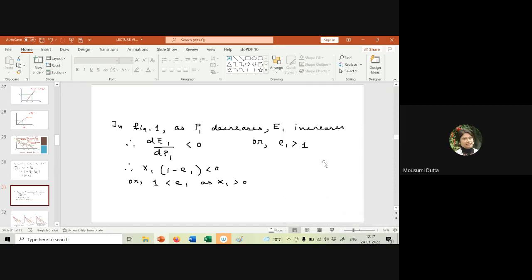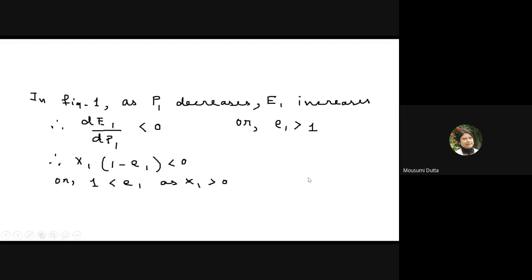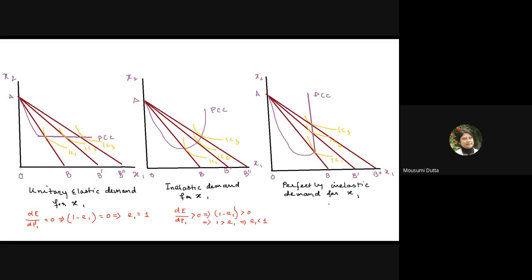So now we will consider different shapes of the PCC, and we will talk about price elasticity of demand. So that was 1A. Please draw the diagrams.